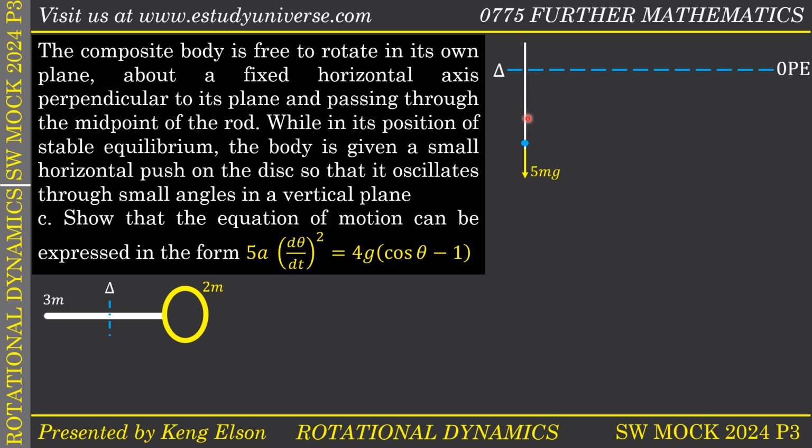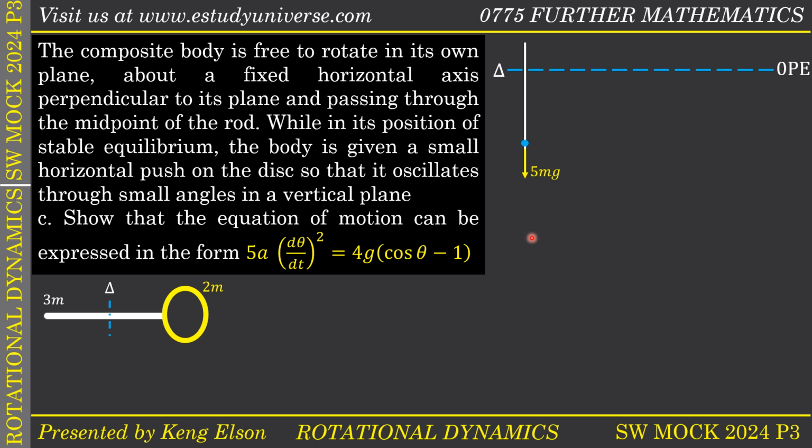This line is just representing the whole system, a combination of the rod and the disc. This point here is the center of mass, where the mass of the whole composite body is concentrated. So initially it was like this.